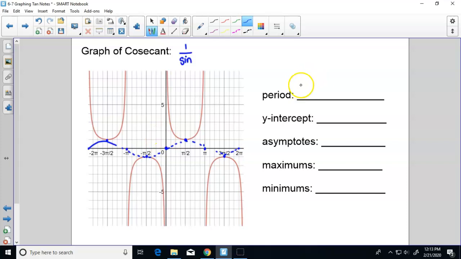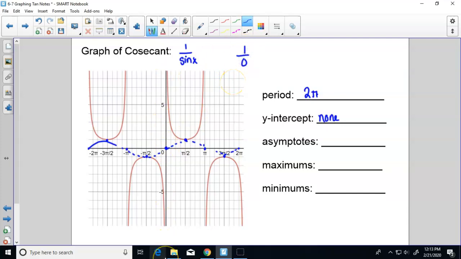The period of cosecant is also 2 pi because it is based on sine, and the period of sine is 2 pi. The y-intercept, there is none here, and if you think about that, the sine of 0 is 0, so when you go cosecant, you get 1 over 0, which is undefined.